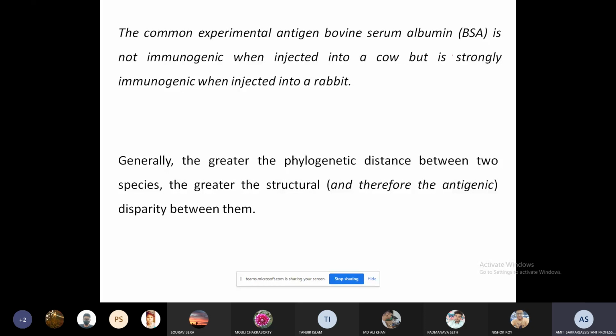What will happen? Will the cow's immune system react to that? No, it will not react because this is coming from a cow. A protein coming out of a cow and entering another cow. So this cow's immune system will not recognize this BSA as foreign. No immune response will take place.